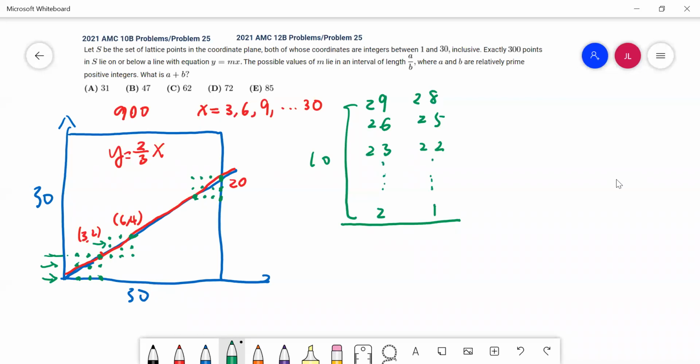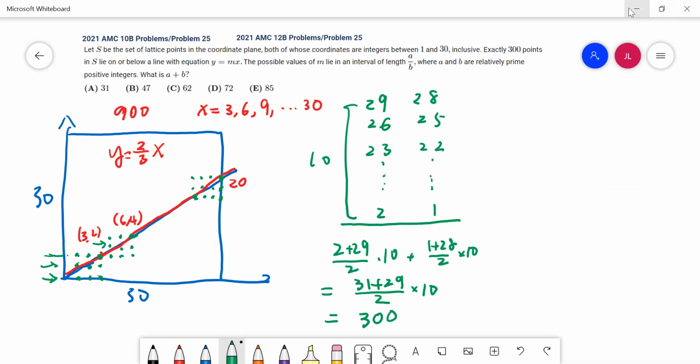So this part is (2 plus 29) over 2 times 10, plus (1 plus 28) divided by 2 times 10. So this equals 31 plus 29 divided by 2 times 10. So you can find out this is exactly 300 points. That's nice.